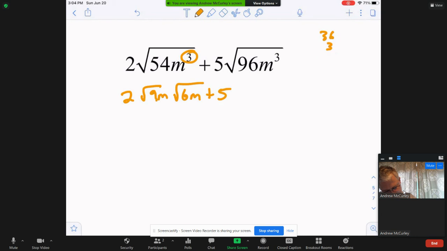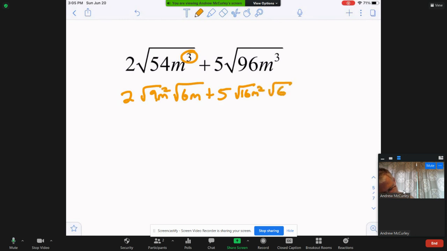No. Let's see, 96. What is that? 96 divided by 2. It's 16, isn't it? 2, 4. Is it 16? Yeah. Square root of 16 M. Because I guess I can square.